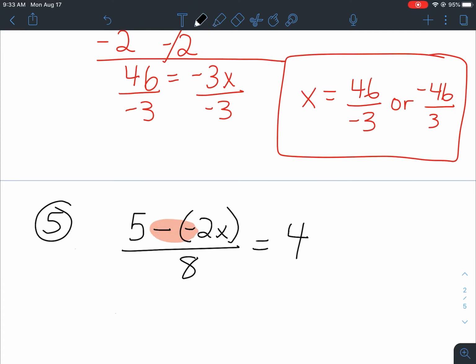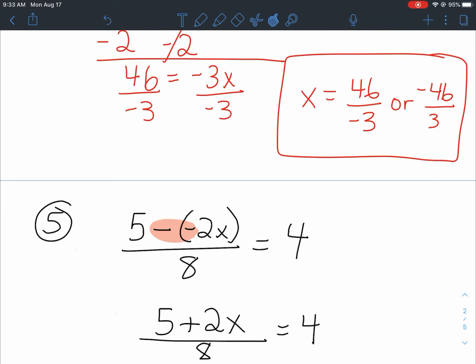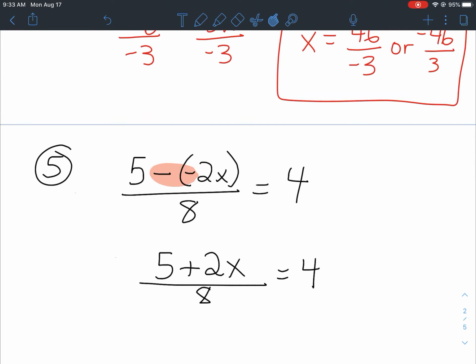When you're subtracting a negative, what are you really doing? You're actually adding, because a negative times a negative is just positive. If you said multiply both sides by 8, you would also have been correct, because you could have done that first too and then taken care of the subtracting a negative second.